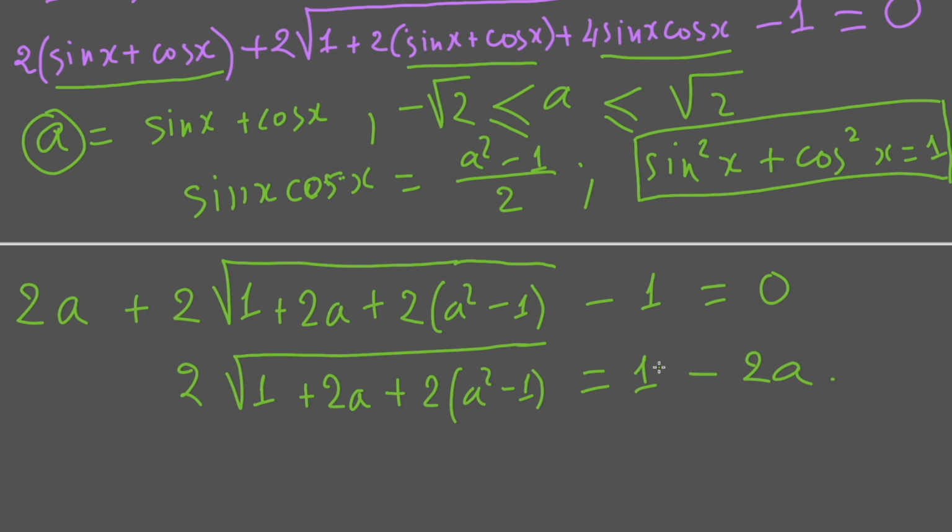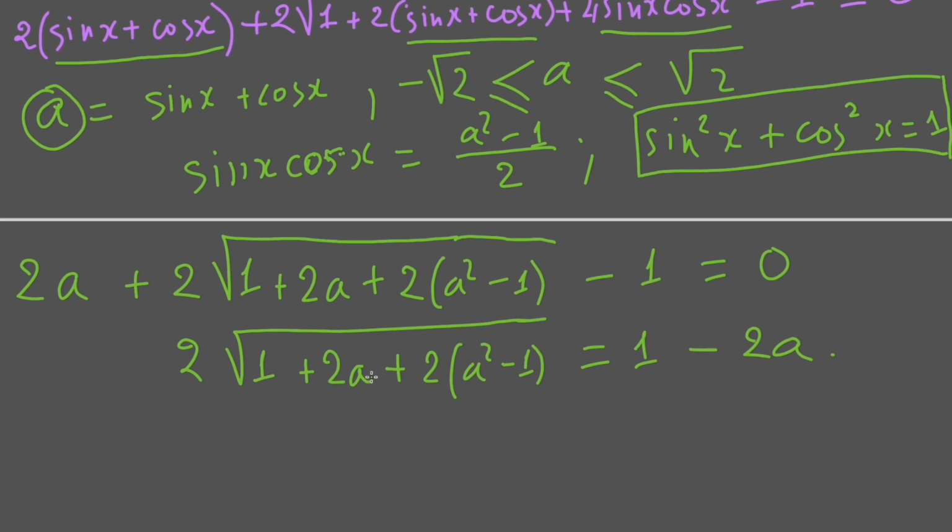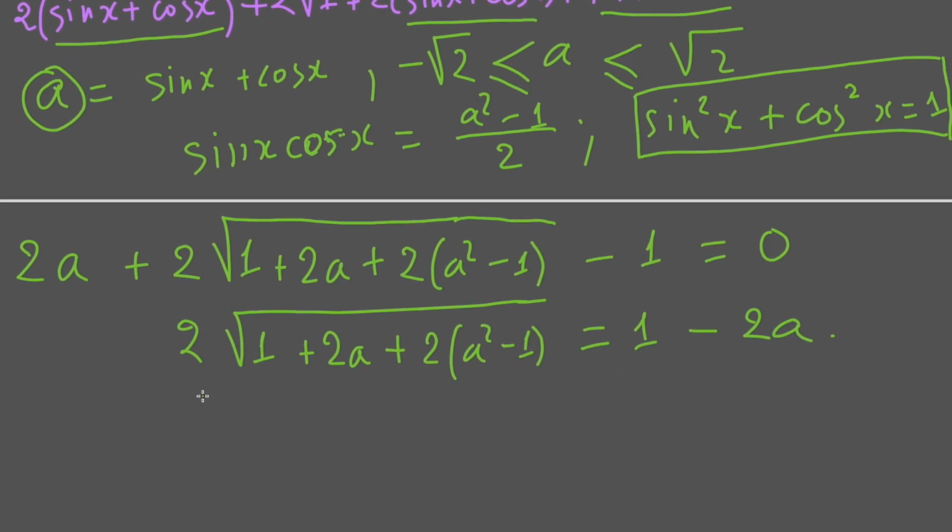So then we put another extra condition on a here. The left side is greater than or equal to 0, so the right hand side should be the same.